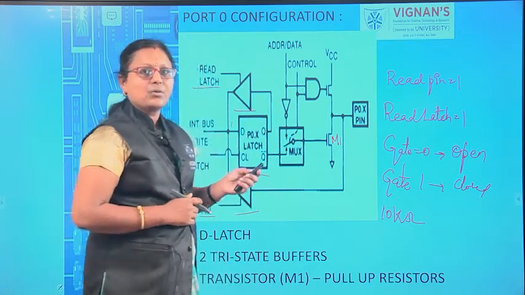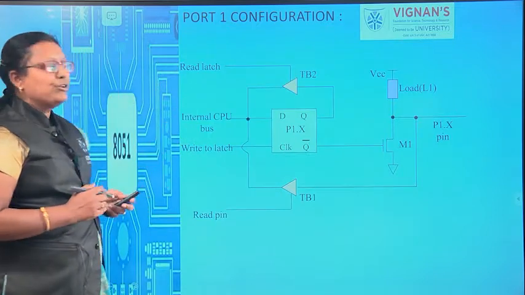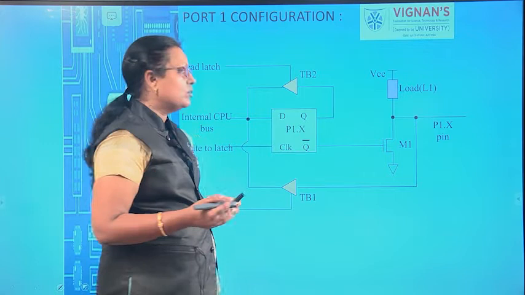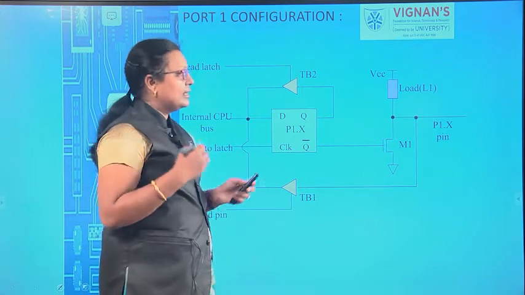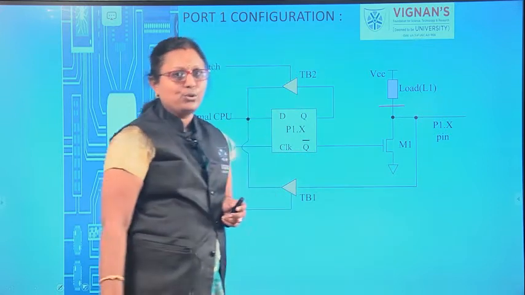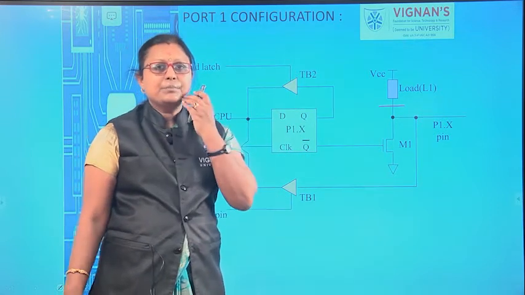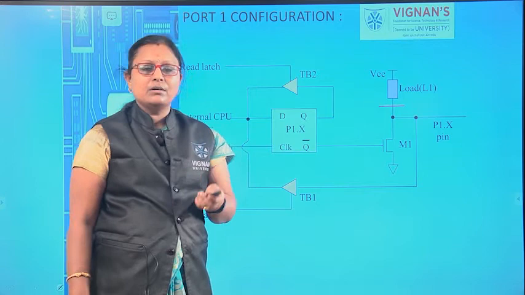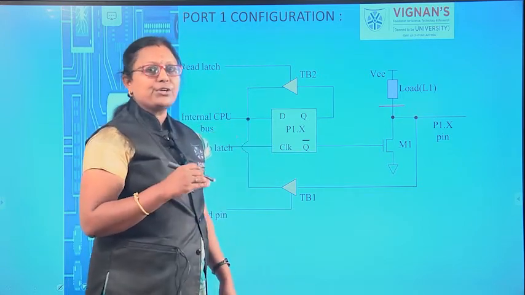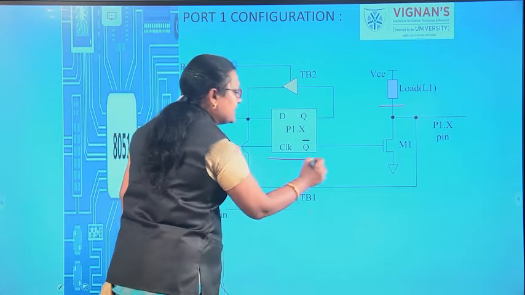Next, coming to the P1 configuration, the difference between port 0 and port 1 configuration is that it contains a load here, not a pull up resistor. It consists of a load for the same purpose which is served by the pull up resistors. Here also, as in the previous configuration, you have the D latch.